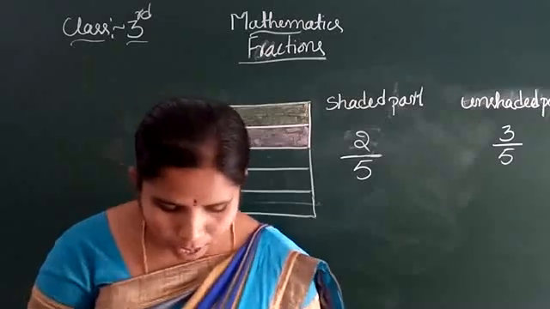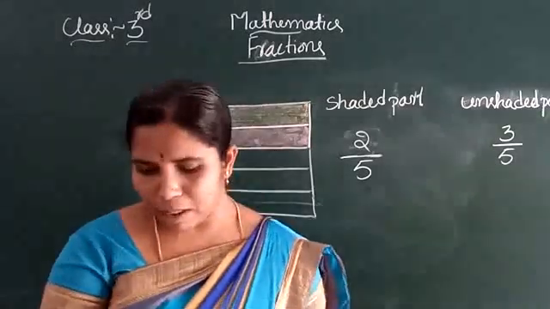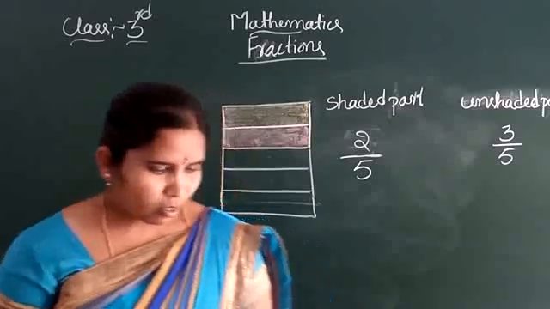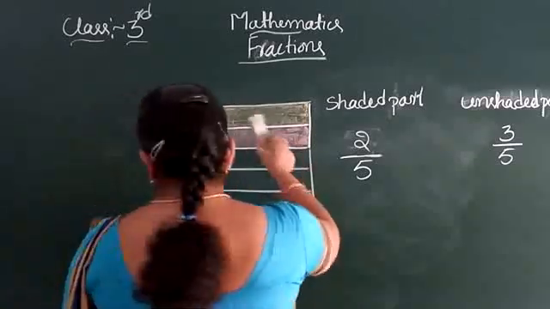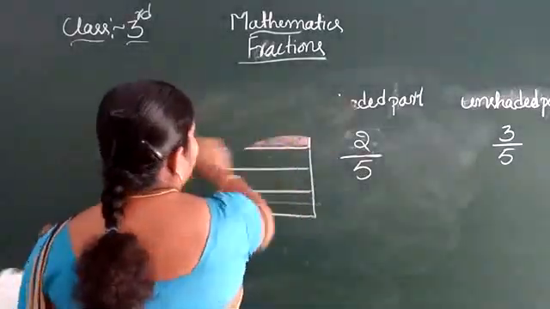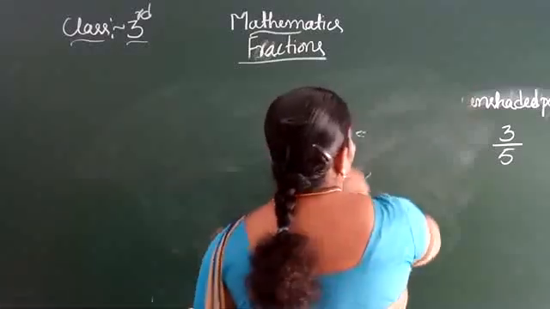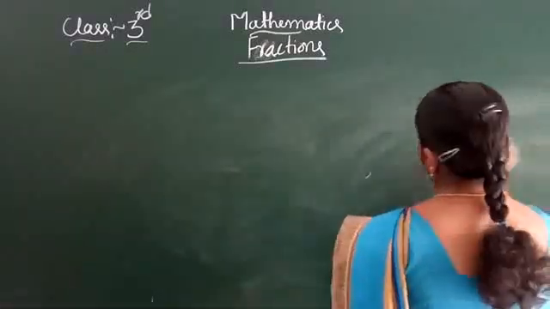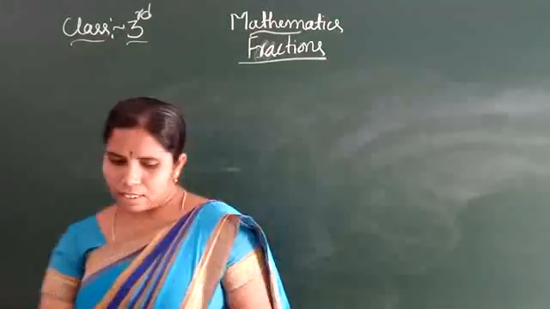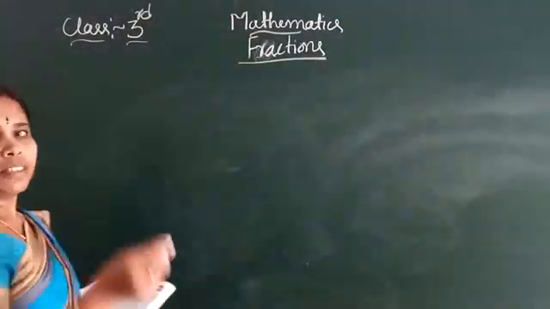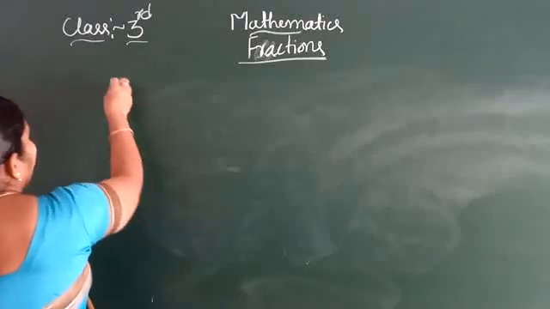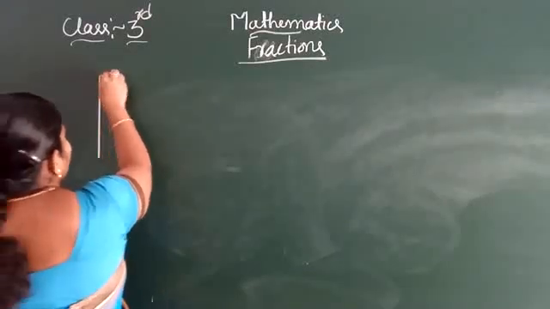So some more examples we want to do here. See, observe. I will take some more examples. Write the fractions for the shaded part. There is only the shaded part. First I will write the figures. Write the fractions.